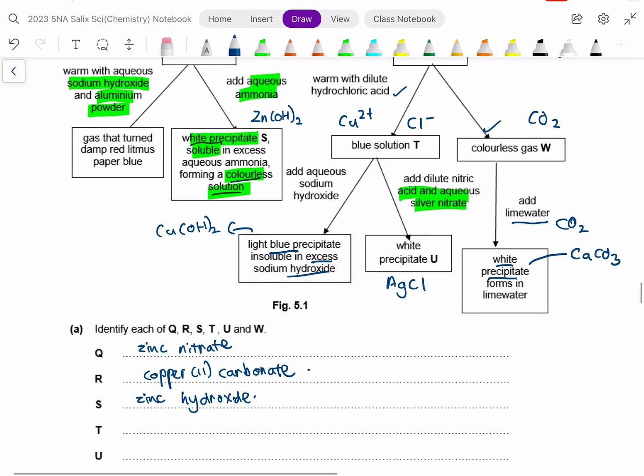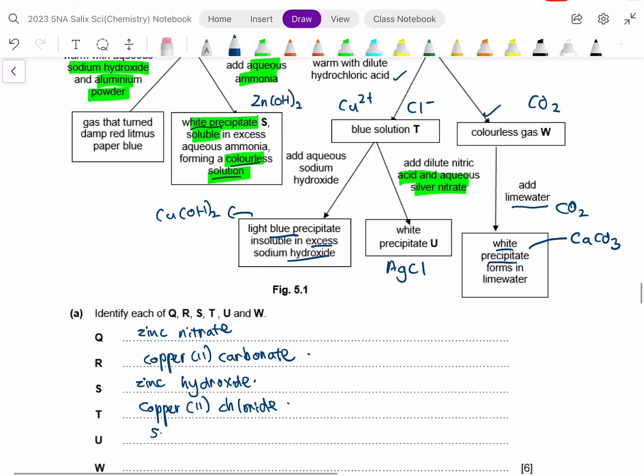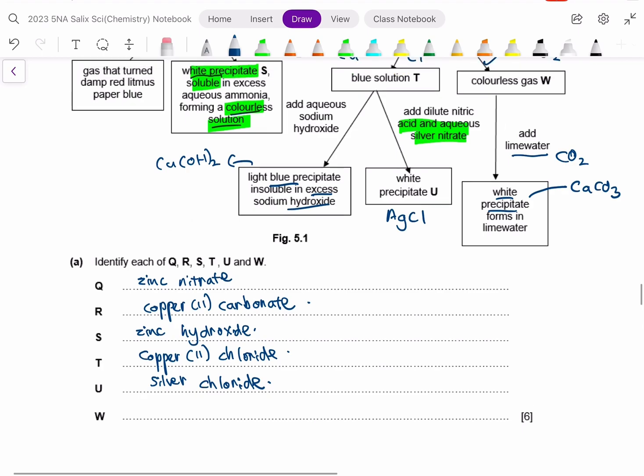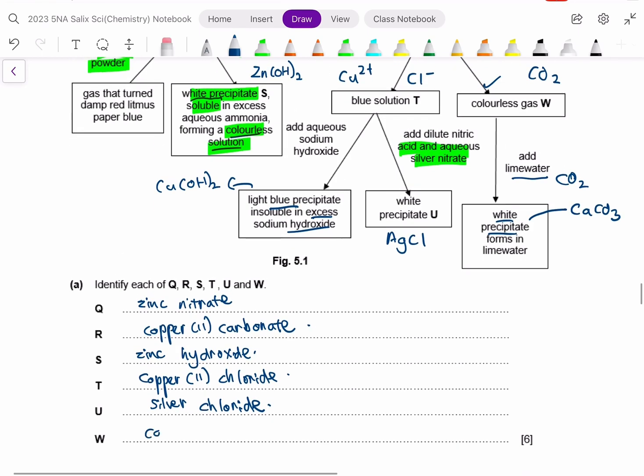Then T is copper(II) chloride, and U is silver chloride, the white precipitate formed between silver nitrate and copper(II) chloride. And finally W is carbon dioxide gas.